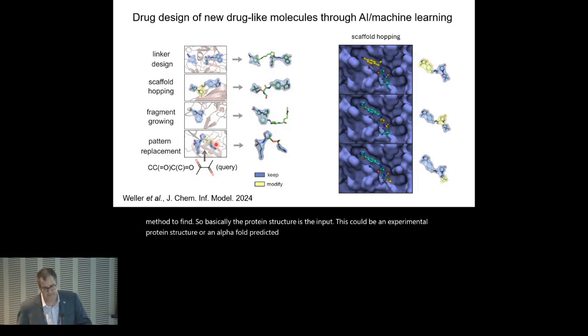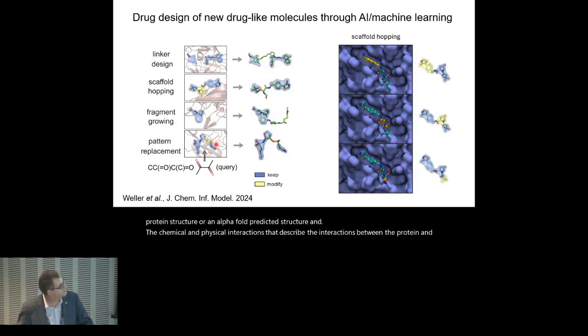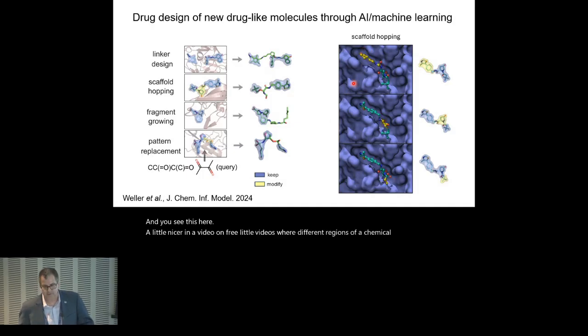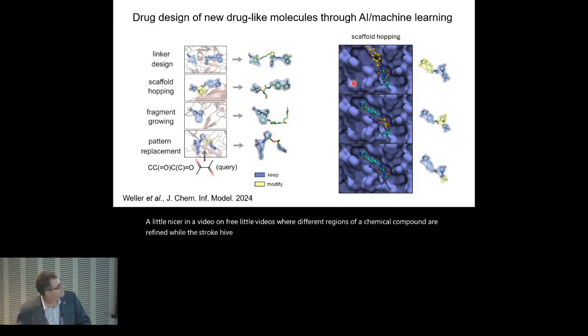And the chemical and physical interactions that describe the interactions between the protein and the drug will be optimized. And you see this here a little nicer in a video, or in 3 little videos, where different regions of a chemical compound are refined while this DrugHive method is searching for more efficiently binding chemical compounds.